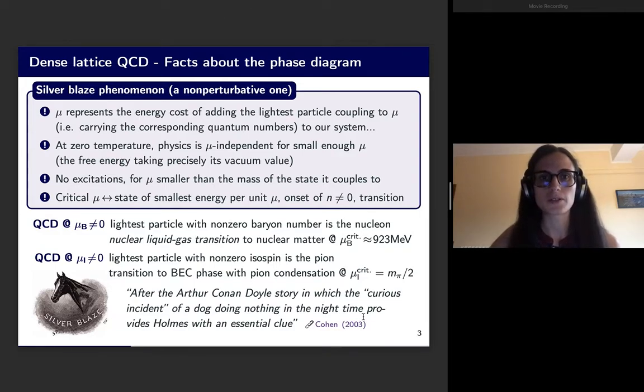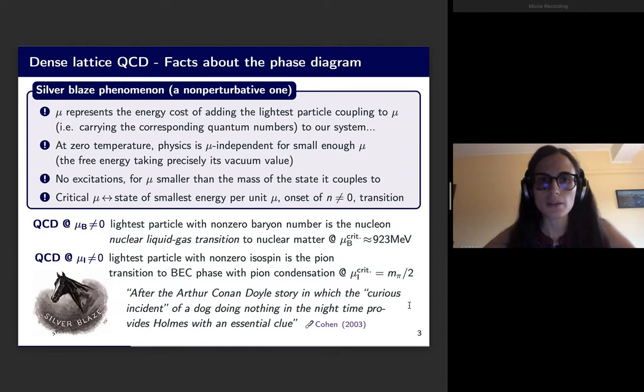There are some facts about the phase diagram at non-zero chemical potential that we need to discuss in order to start getting a feeling about what is happening when we switch on a non-zero, for example, quark chemical potential. And one of these facts goes under the name of the silver blaze phenomenon. This is an intrinsically non-perturbative phenomenon, and you need to bear in mind that mu is nothing but the energy cost of adding the lightest particle coupling to mu to your system, and by coupling to mu I mean carrying the corresponding quantum numbers.